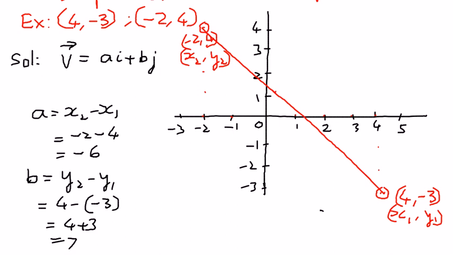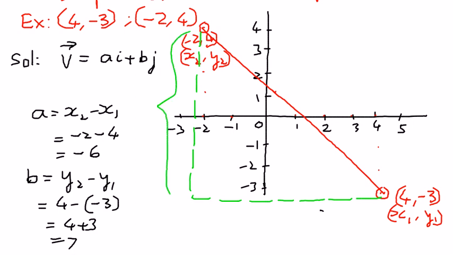If I draw a line here and then a horizontal line here, this distance is the b distance, which is equal to 7. This distance is the a distance, which we have seen is equal to negative 6.